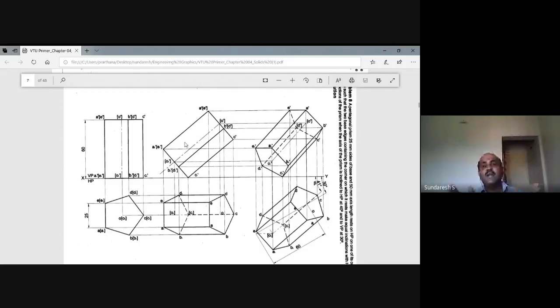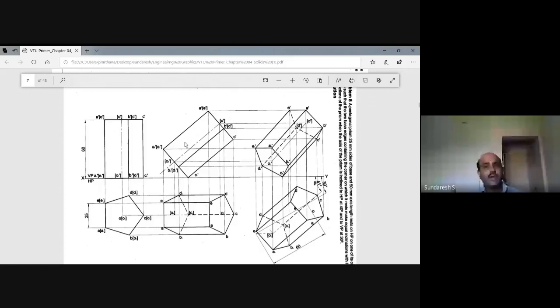Because C is the in-between point between B and D, C will share a common corner with respect to the two edges: B1 C1 and C1 D1. Therefore, those two edges are not visible in the front view. This is how you should imagine.